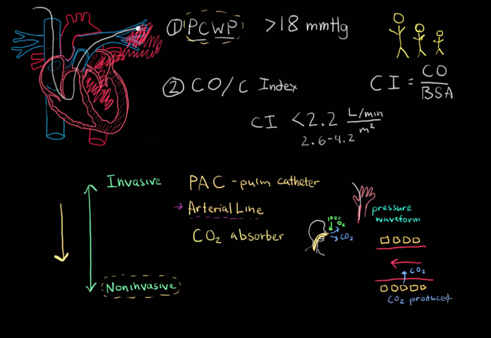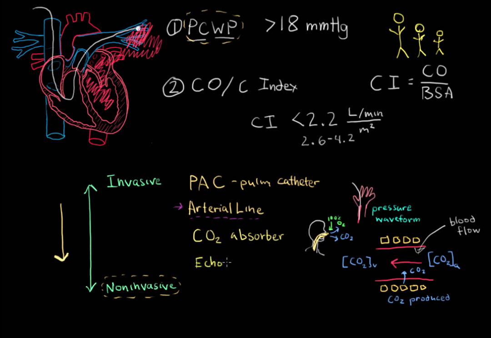So it would stand to reason that CO2 concentration in the arteries changes as you progress through the capillaries and into the venous system. So by assessing the carbon dioxide produced and the carbon dioxide in the arteries and the veins, you can actually determine how fast this blood is flowing through. And by knowing this blood flow, you can actually determine cardiac output. So through this method, you can also calculate cardiac output.